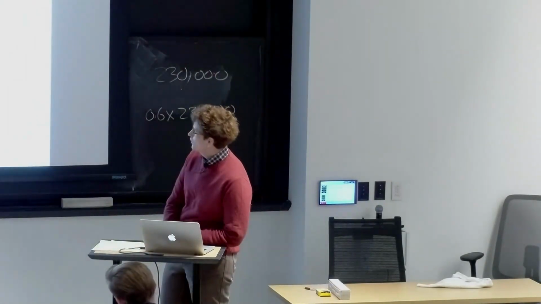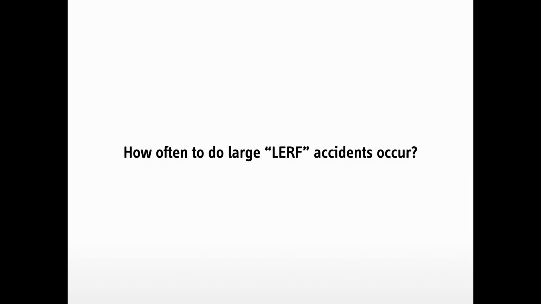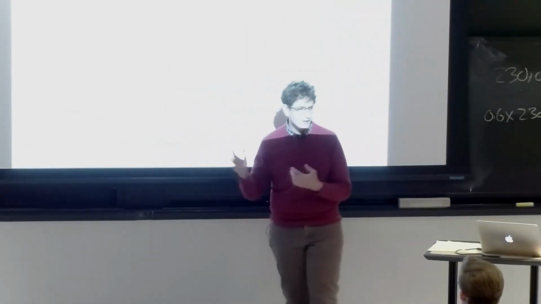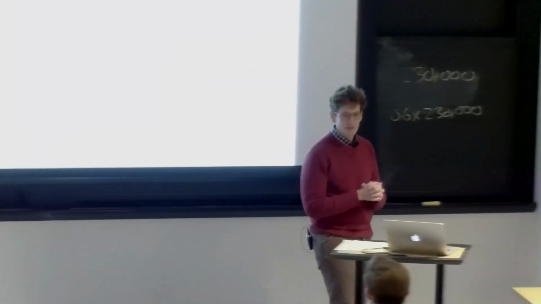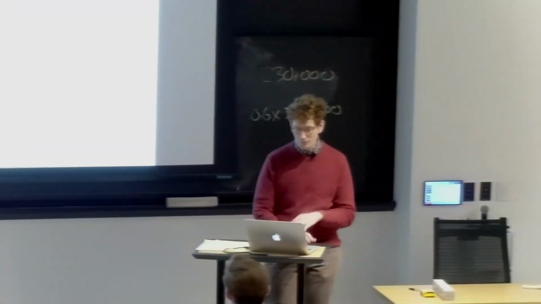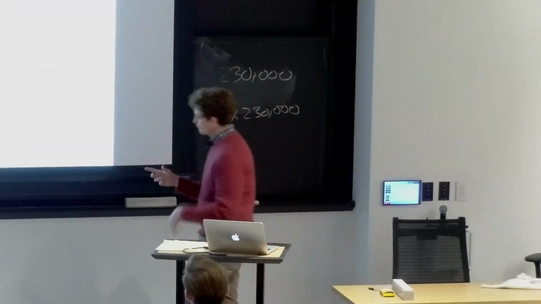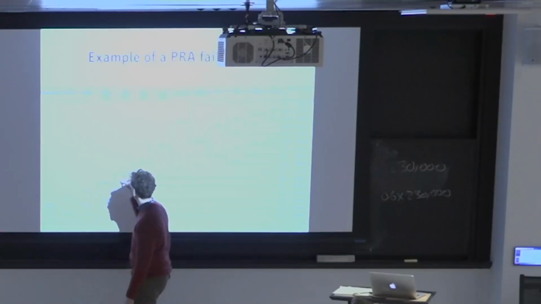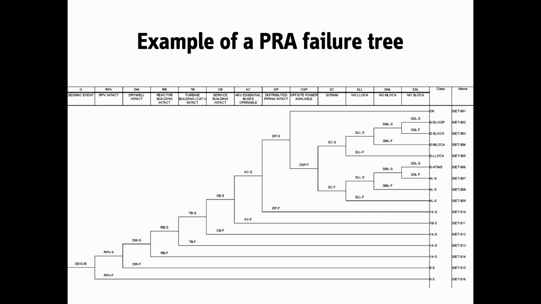Okay, so how often do these accidents occur? One of the problems is that we don't really know, and one way that this is often done is using PRA. I already talked a little bit about PRA in this class. It's a bottom-up approach where you build these decision trees, and then for every kind of event, you have to have some probability that you assign to it.